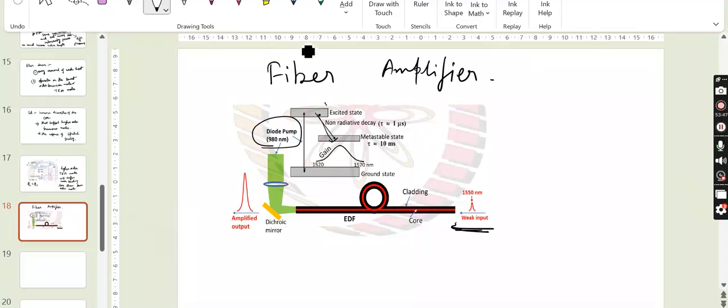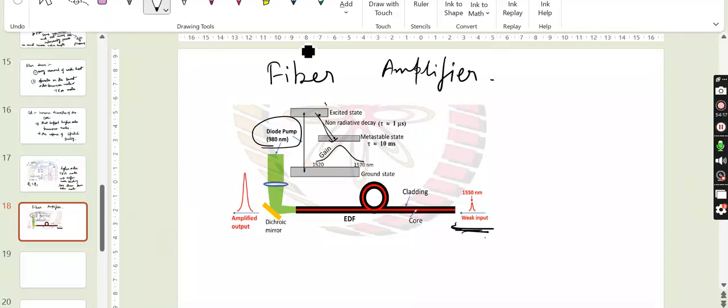And from this metastable state, they are stuck there, and in turn the gain builds. And these photons of 1550 nanometer wavelength will induce stimulated emission in this excited species in the metastable state. This will cause burning of the gain, resulting in the amplification of the input signal. So they will increase the gain.